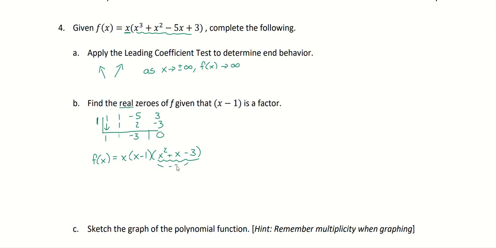So I need factors of negative 3 that are going to add up to a positive 1. It's not 1 and 3, and it's not negative 1 and negative 3. So let's take a look.